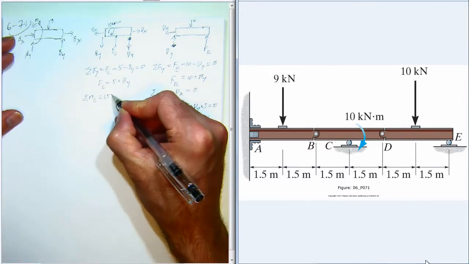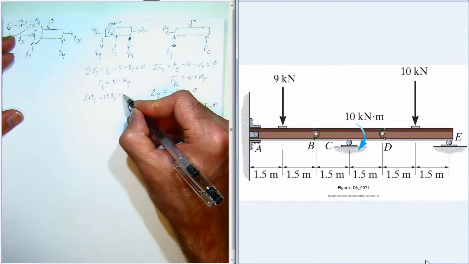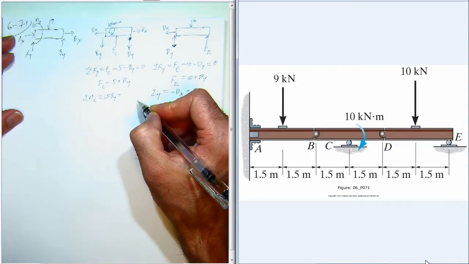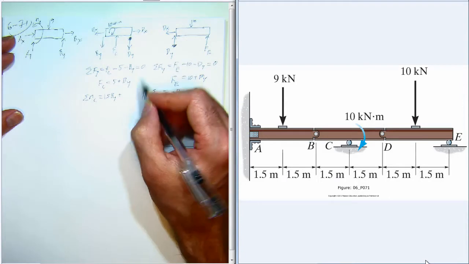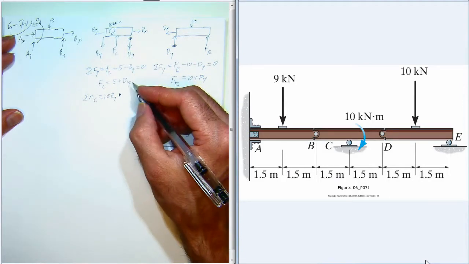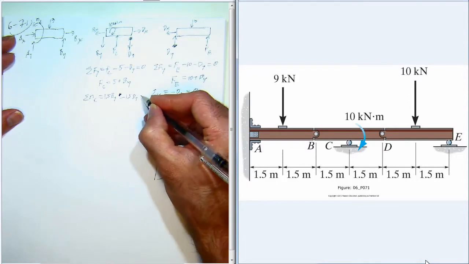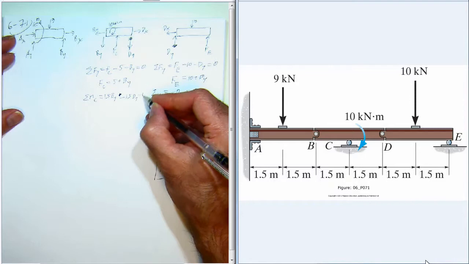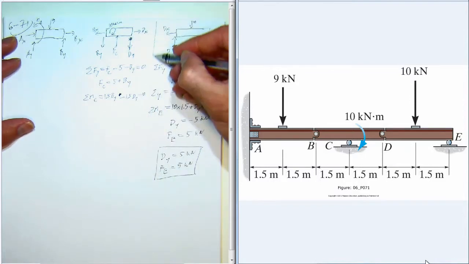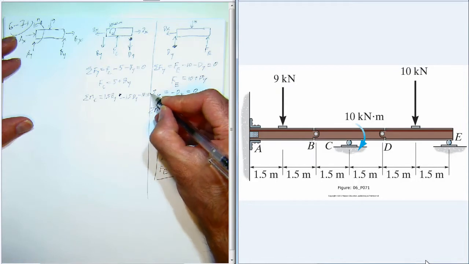And we get 1.5 By is a moment, and then we have, well, Dy acts down, so that's a negative moment. So that would be minus 1.5 Dy, and then we have minus 10 from the applied moment, and that all adds up to 0.